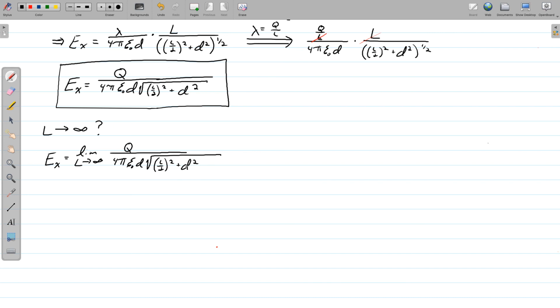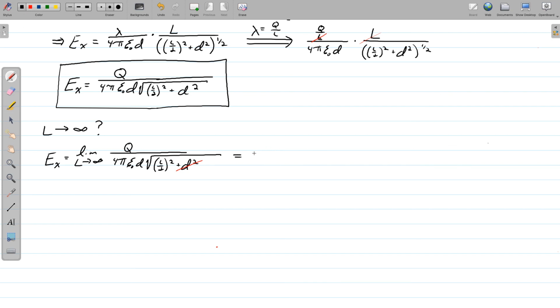So in this case, L is going to infinity and it's being squared, while d is just some constant squared. It is going to get dwarfed by (L over 2) squared, so it becomes insignificant, and we can disregard it.